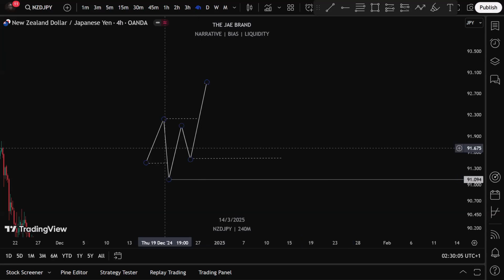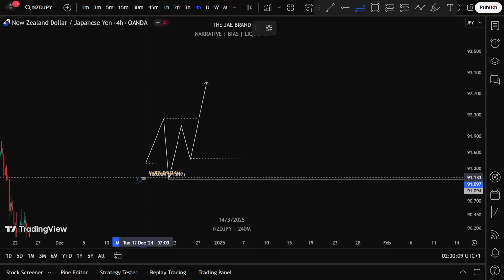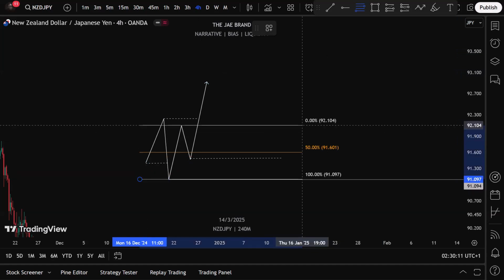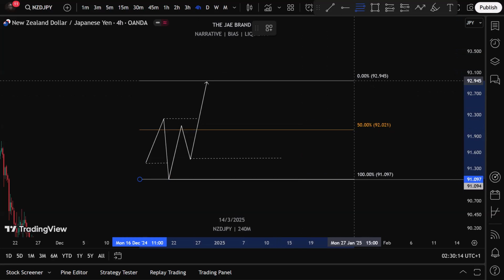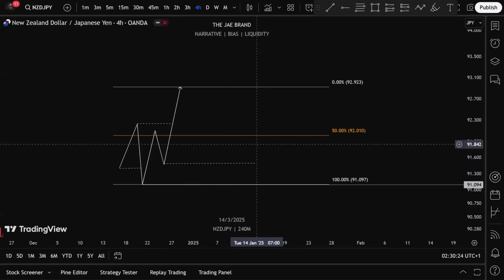So now another thing to take note of is validating your structural liquidity. Now, first of all, if we plot our fib tool on the entire swing structure, we always want to look for buy opportunities around the discount area.